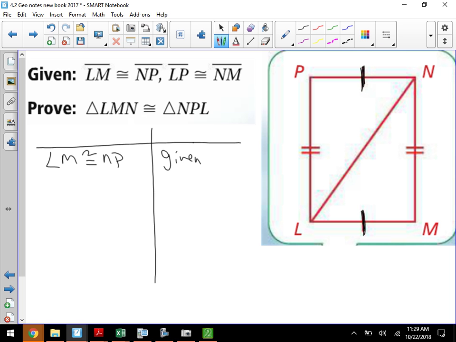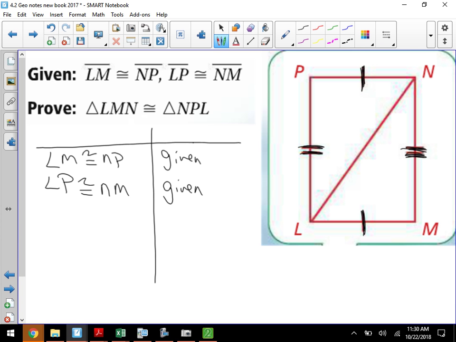There's nothing else that I can say about it. There's no definition attached to just saying, hey, these two things are equal or these two things are congruent. That means I just go to my very next statement, just like we did before. Again, my diagram is marked.